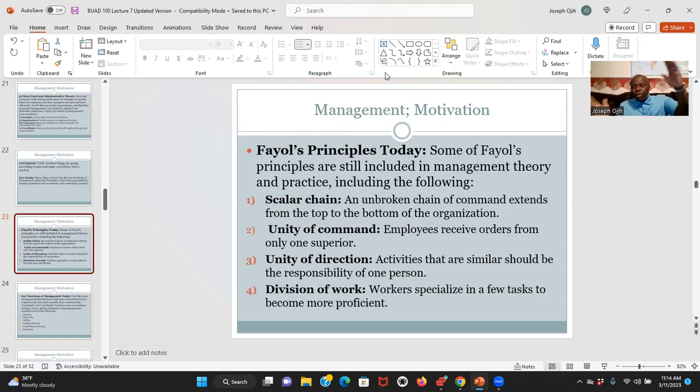So you can see that the task they gave you is what you'll be doing every day you come to work. That's what unity of direction is saying. It is saying that activities that are similar should be the responsibility of one person. The division of work: a worker specialized in tasks to become more efficient, more proficient.